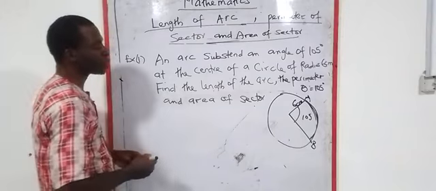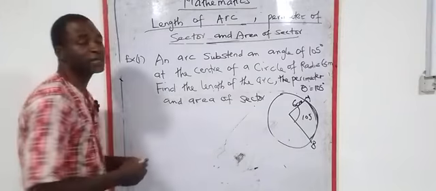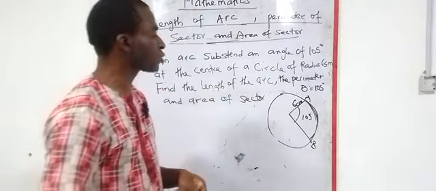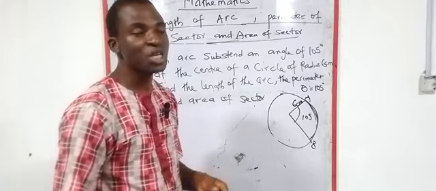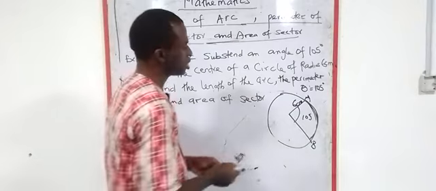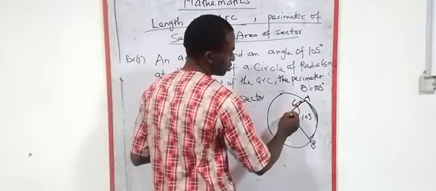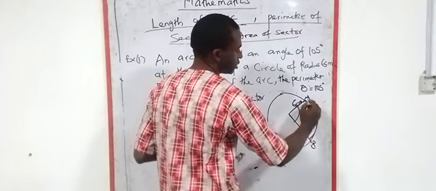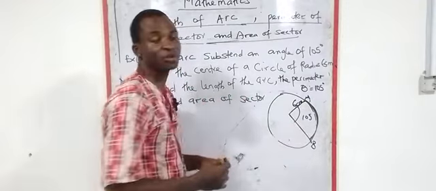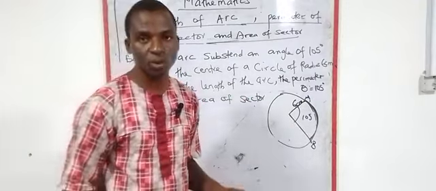Now we are talking about a sector. By now, if you have actually followed my video, you will know what a sector is. A sector is a region bounded by 2 radii and an arc. As you can see, these are the 2 radii there. This is the radius, and this is an arc. What we have in this shape, if we cut it out, is actually called a sector.